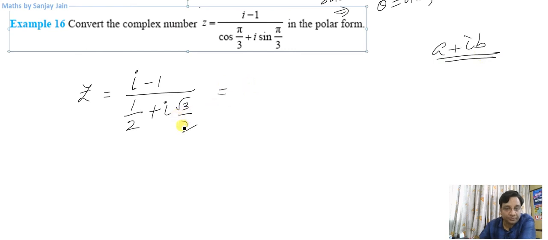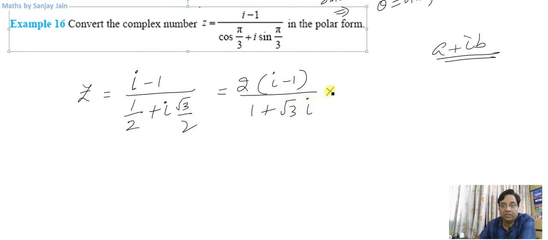So I can take this 2 here, and this will be iota minus 1 divided by 1 plus root 3 iota. So let me multiply and divide it with 1 minus root 3 iota.